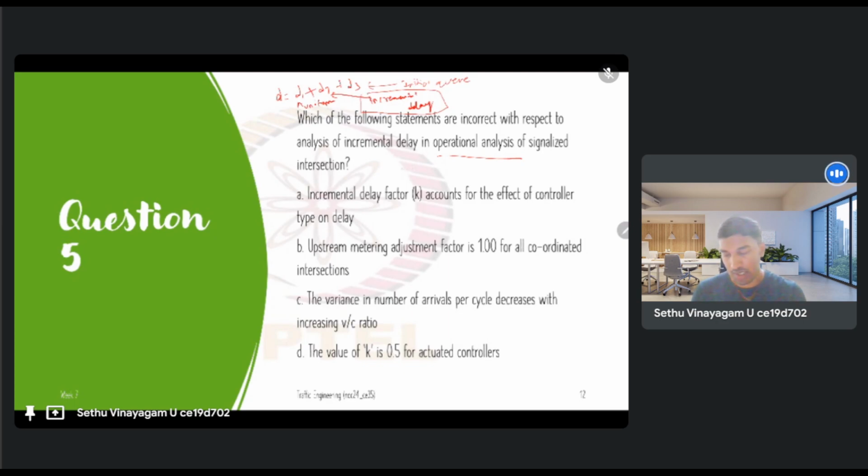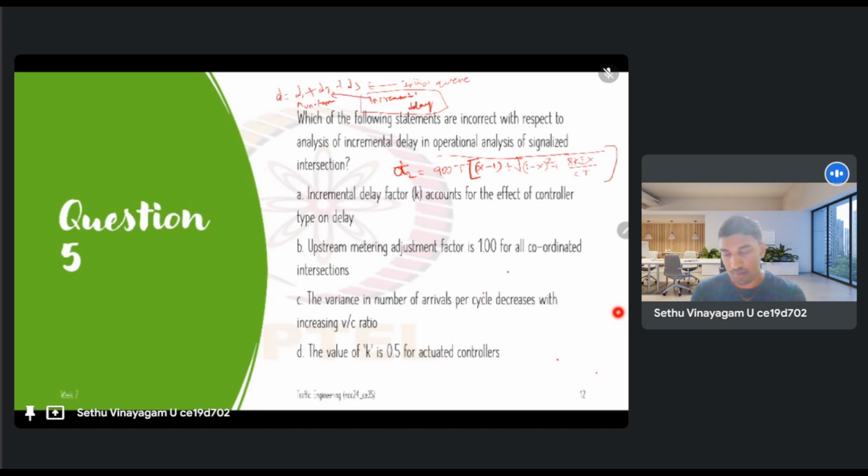So the formula for D2 is 900 into T, T is your analysis period taken in hours, into (X minus 1 plus the square root of (X minus 1) the whole squared, because we are squaring it, doesn't matter, plus 8 K I X divided by C T). X is here the v by c ratio.